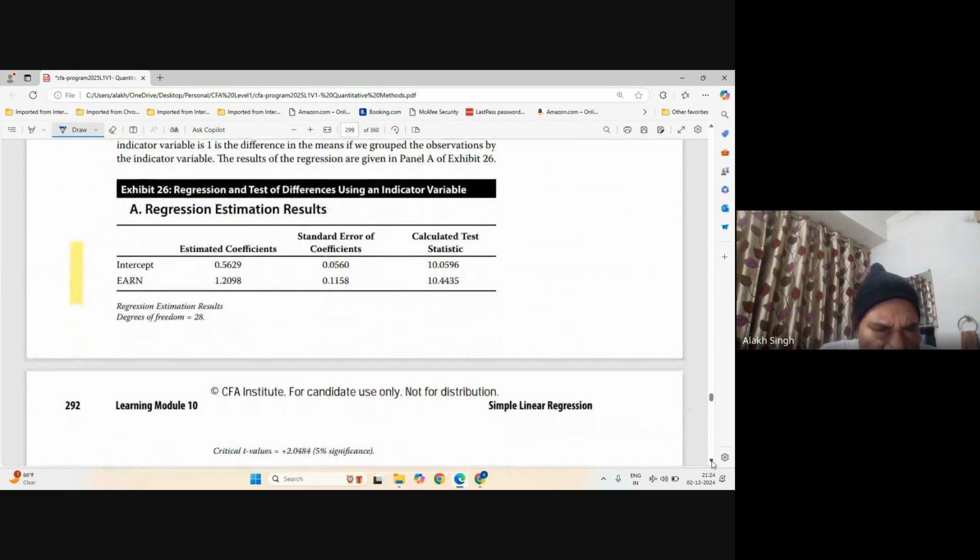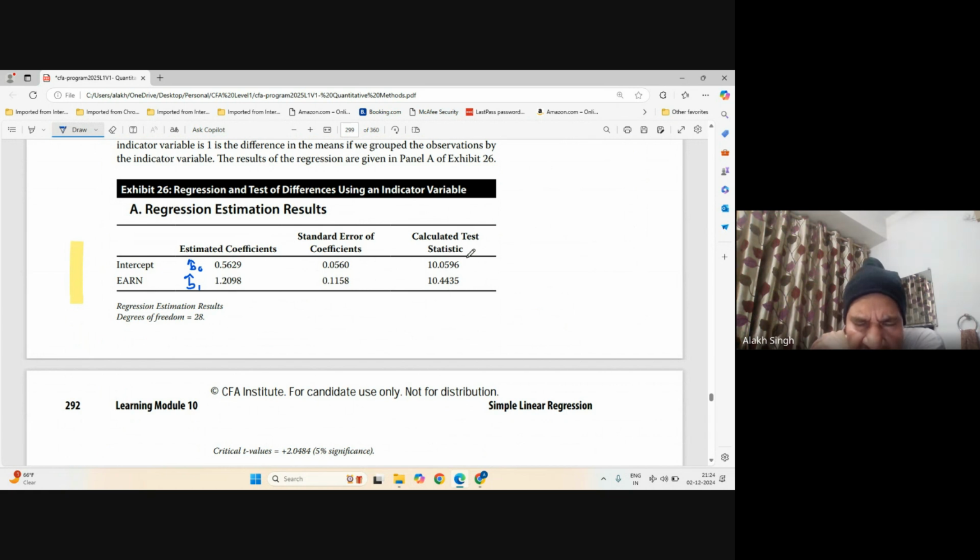So here it is telling, intercept is 0.56, earn is 1.20. That is the beta. This one is B0 hat and this one is B1 hat. And that is their standard error of coefficient. So standard error of B0 is this, standard error of B1 is this, and both are significant.